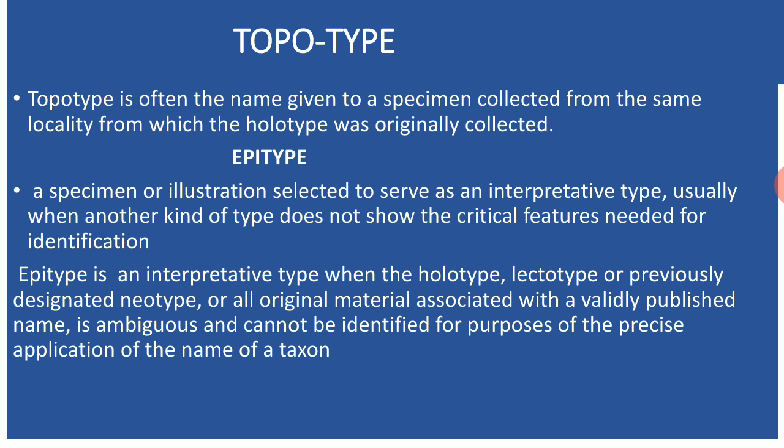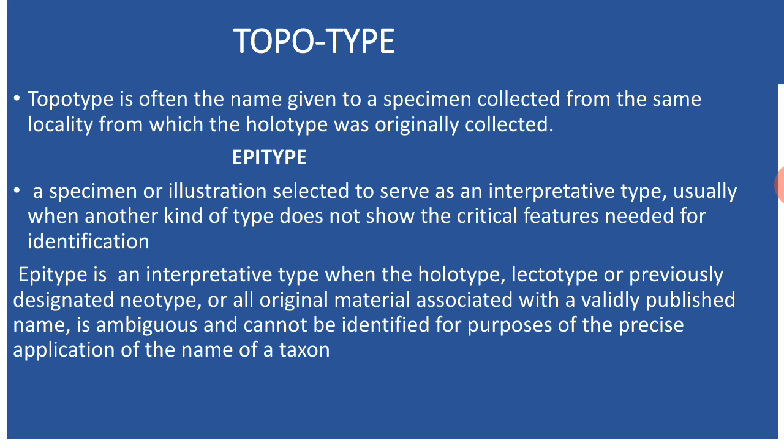One important thing is the interpretative type. It is a specimen or illustration selected to serve as the interpretative type usually when another kind of type does not show the critical feature needed for identification. Means there is ambiguity. Then it is the epitype.